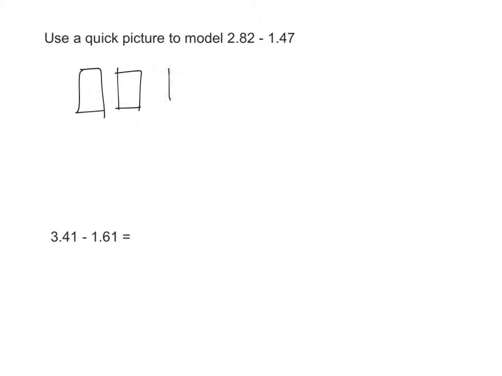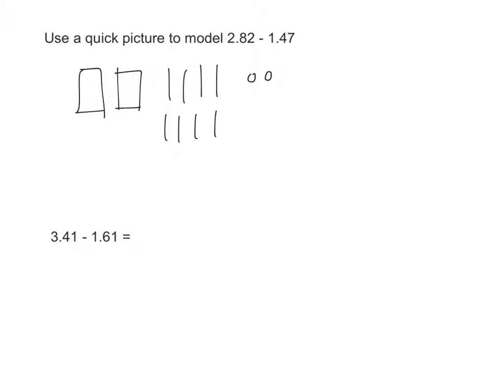Why? And how many tenths do I have? 8. Good. What else do I have to draw to finish representing the first number? Stuart? 2. Why do we need to draw 2 unit cubes? Because there's 2 hundredths. Good.